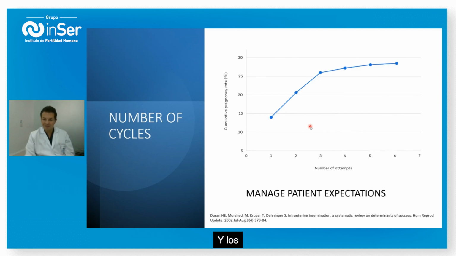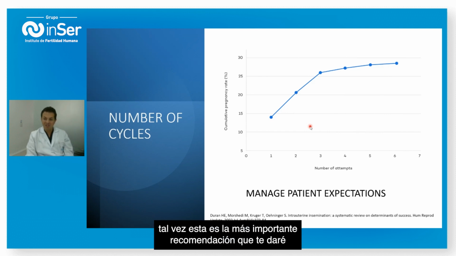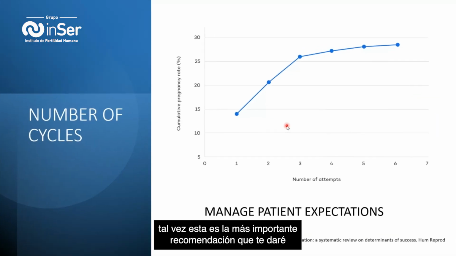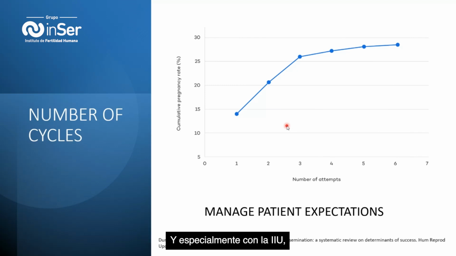And maybe this is the most important recommendation that I would give you: you have to manage the patient's expectations. Because usually when you think about a treatment for infertility, you think that you will get pregnant on the first try. And especially with IUI, this might not happen.